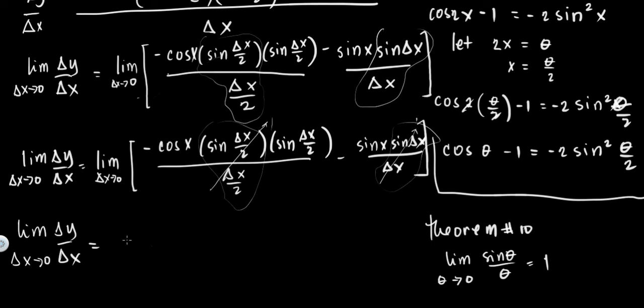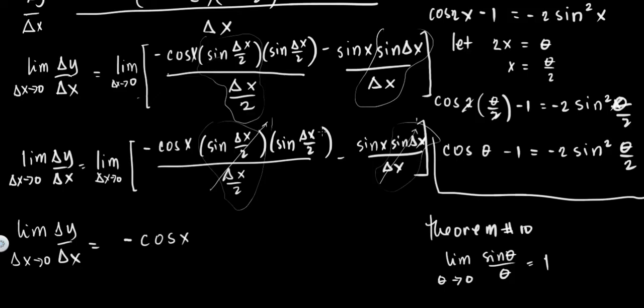So, substituting the delta x as 0, no? Approaching 0. So, we have minus cosine of x. Wala naman siyang delta x, so we write minus cosine x. Okay, wala siyang delta x. Okay. Sine delta x over 2. So, plug in 0.